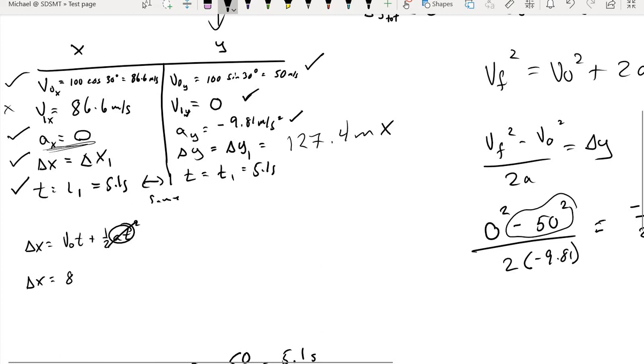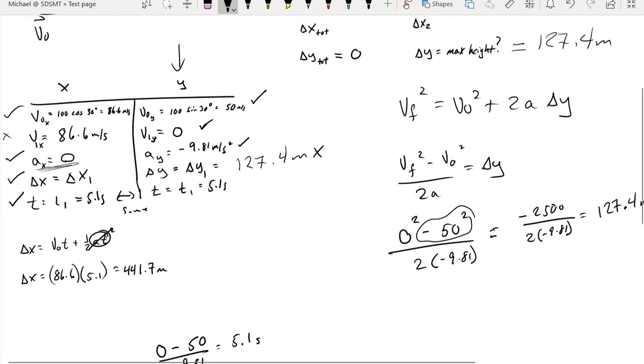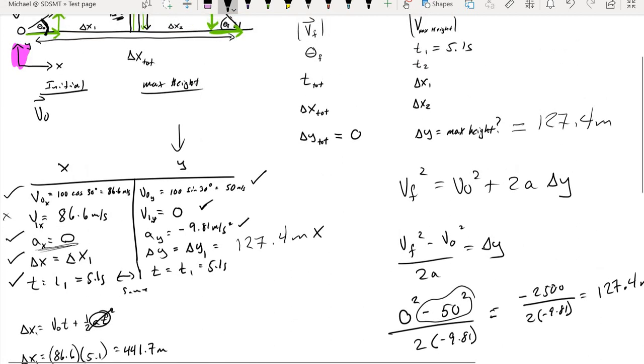We have initial velocity component 86.6 and a time of 5.1. We'll multiply those together and we get 441.7 meters for delta x1.